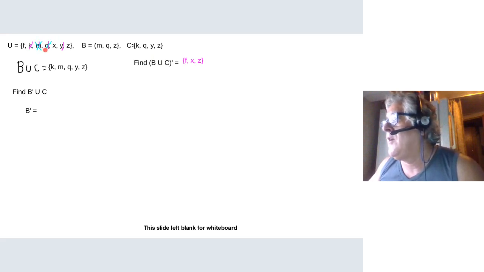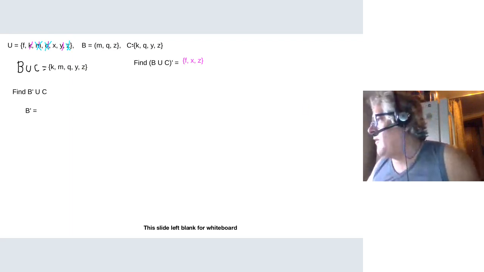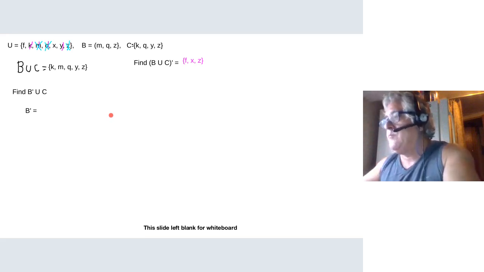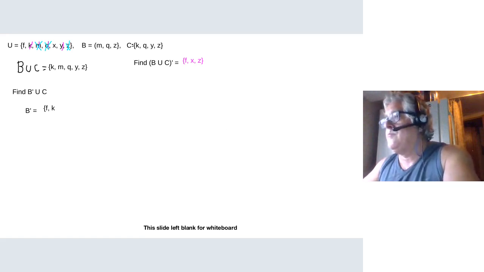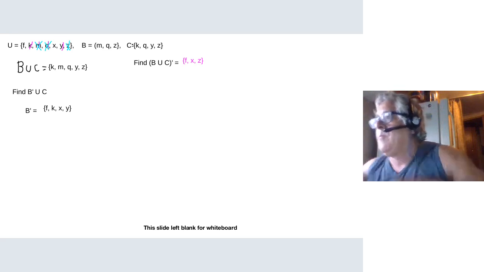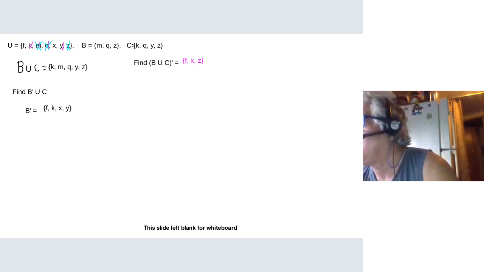Let's take out the M, the Q, and the Z, because that's what's in B. So then what's left over are the other ones. Even the ones that's got the purple there are still there. So F, K, X, and Y.